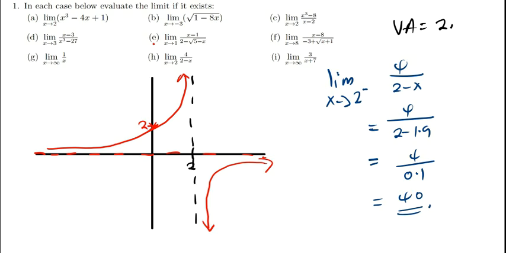Now, what I have here should be the same as what I'm going to have when I do the limit as x approaches 2 from the right side. So from the right side, I'm going to use 2.1. If I also get 40, then I'm going to conclude that the limit exists. But I want you to understand something.